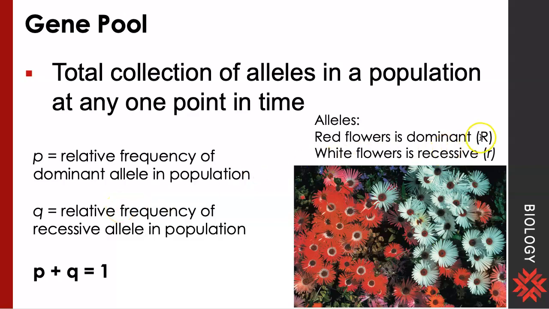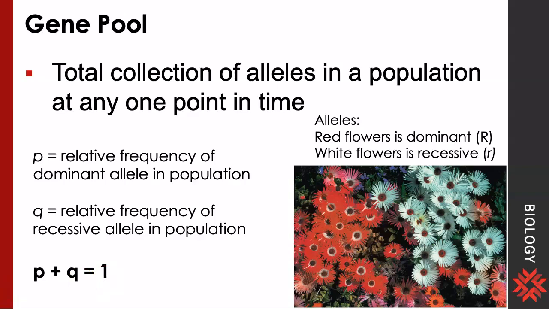We know that for any given trait, you've got these two alleles here. If you add the frequency of these two alleles up, then it has to equal the entire population. It has to equal all of the alleles. So P plus Q equals 1 is saying if you add together all the dominant alleles, add together the recessive alleles, that's going to equal all of the alleles, 100% of the alleles.